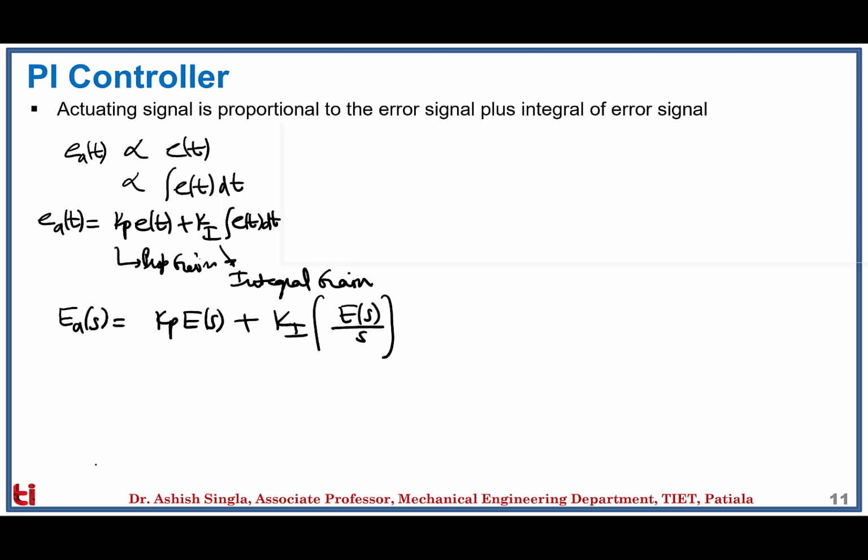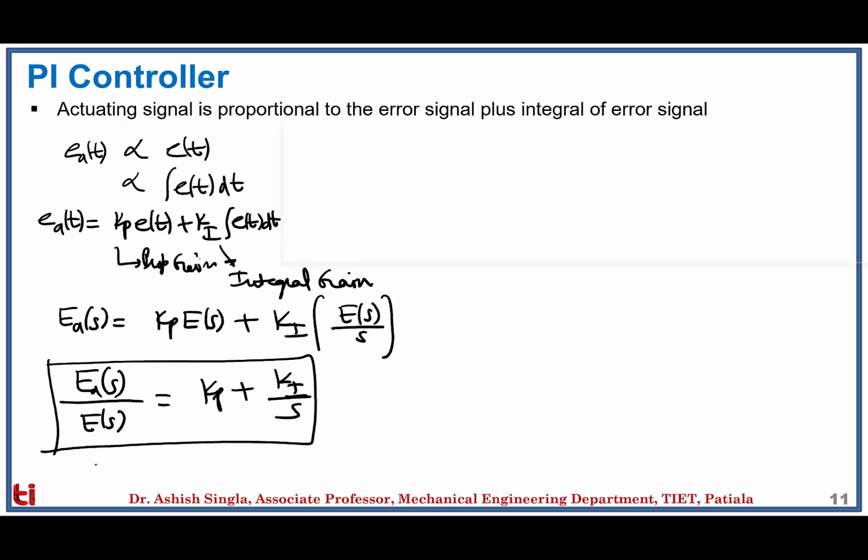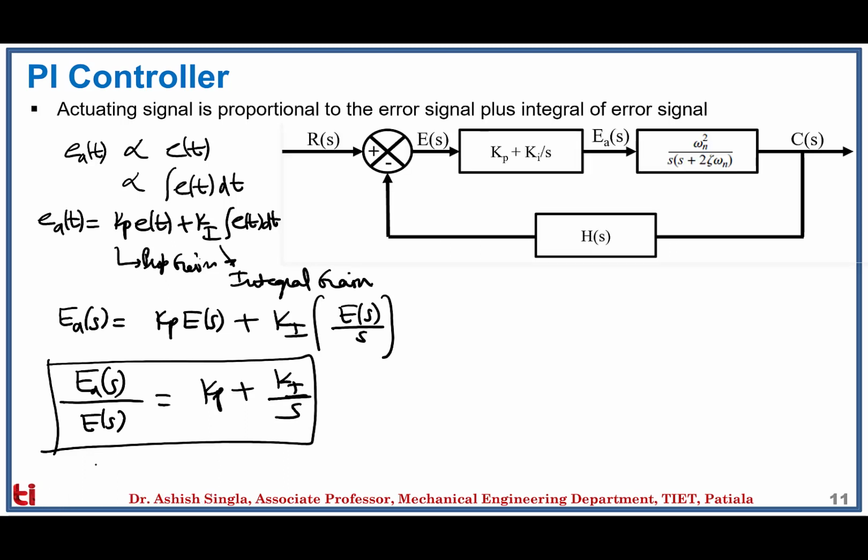So if we take E(s) common and take it on this side, Ea(s) divided by E(s) is equal to kp plus ki divided by s. So that is the transfer function using the PI controller, which is shown in this figure.